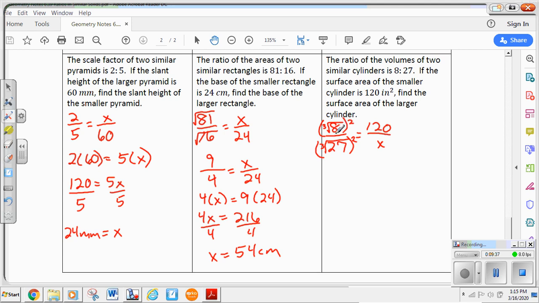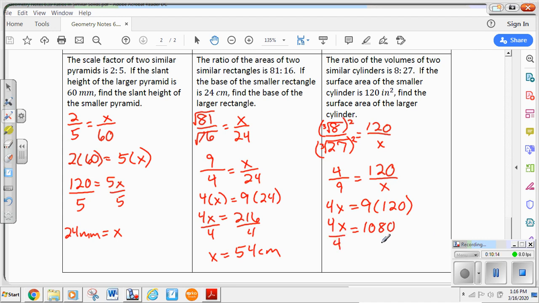The cube root of 8 is 2. 2 squared is 4. The cube root of 27 is 3. 3 squared is 9. Now, each fraction represents a 2-dimensional ratio, and we can cross multiply and solve. 4 times x is 4x equals 9 times 120. 4x equals 1,080.